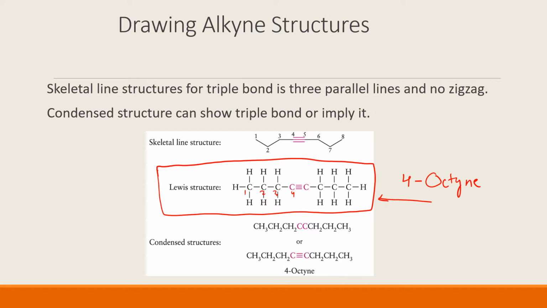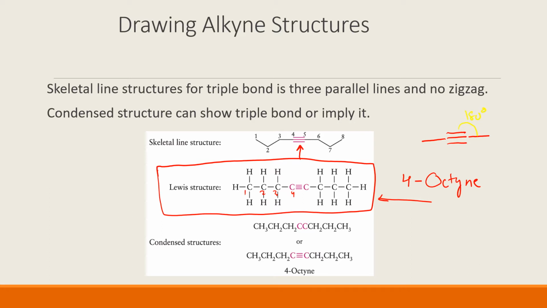When we draw the skeletal line structure, the triple bond is represented by three parallel lines as shown here, and the fourth bond on either side of this triple bond is shown linearly to reflect that there is a 180-degree angle here.